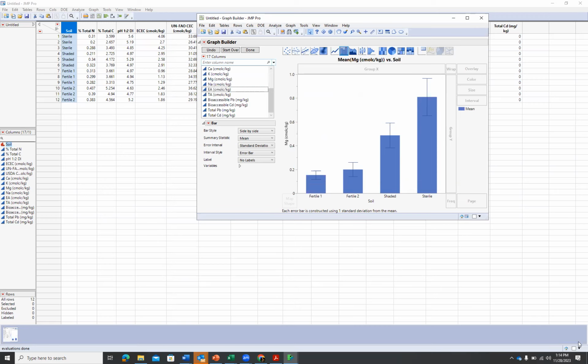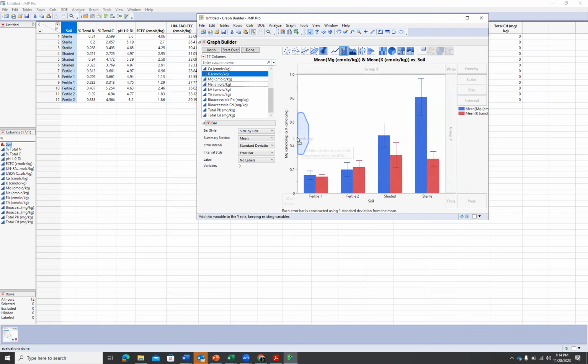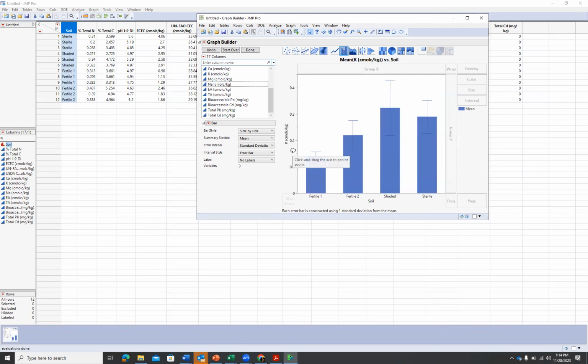Yeah, magnesium too. What did potassium look like? Not as sensitive. No. Okay.